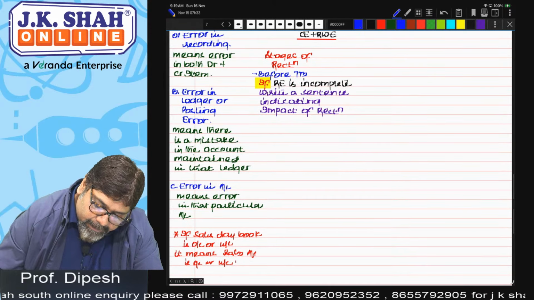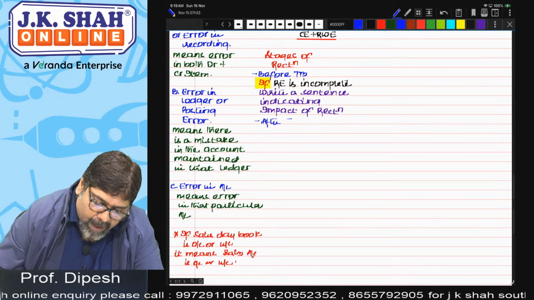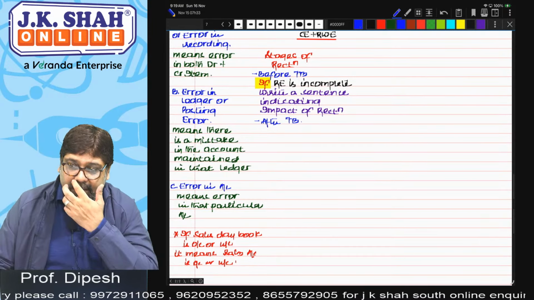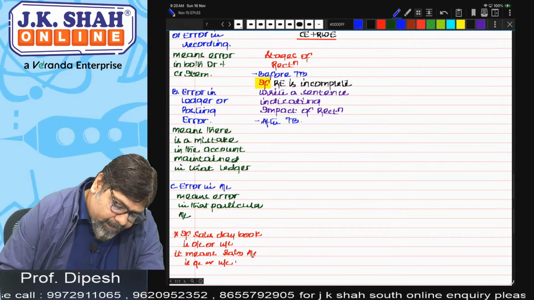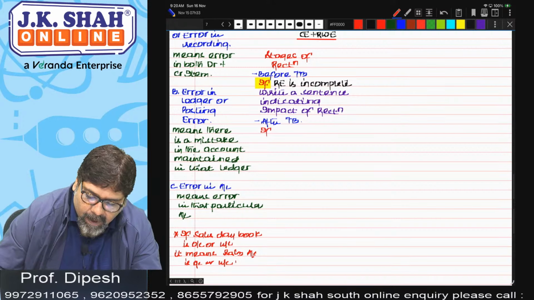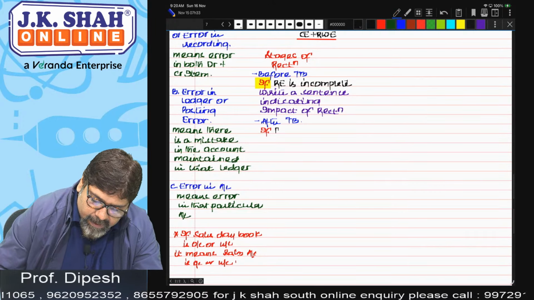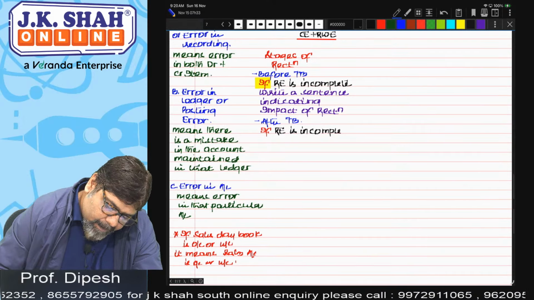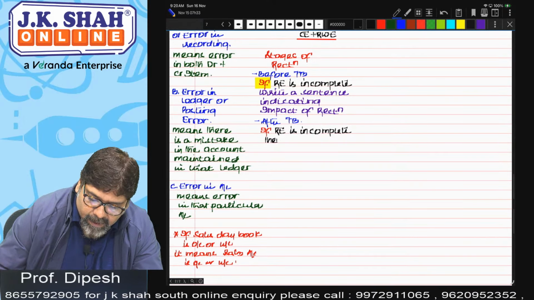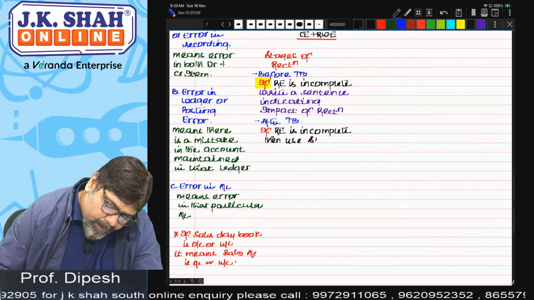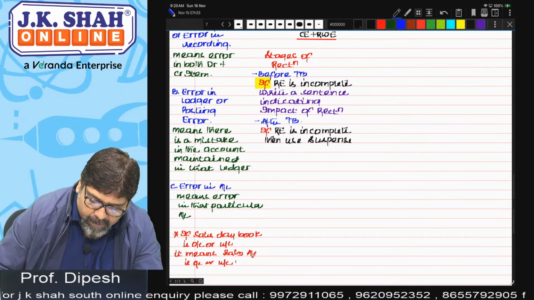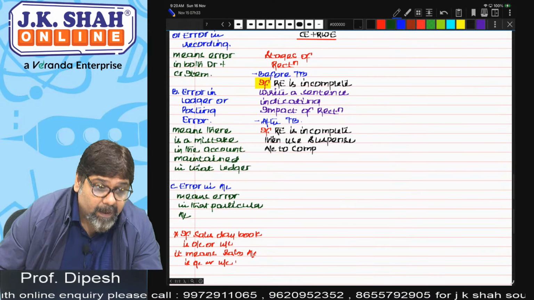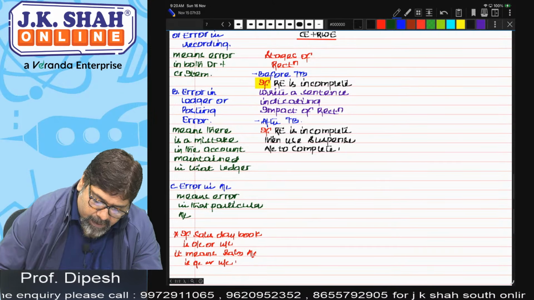After trial balance, if the rectified entry is incomplete, then use a suspense account to complete it.